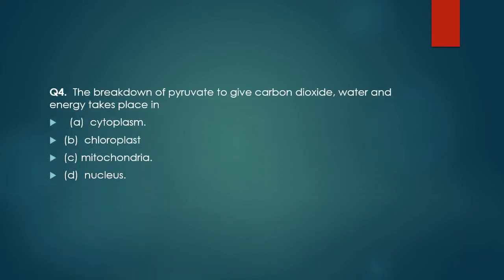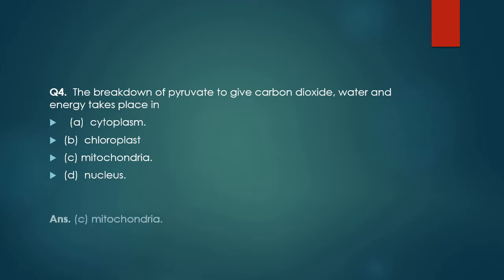The breakdown of pyruvate to give CO2, water and energy takes place. Read carefully, breakdown of pyruvate. So from glucose to pyruvate, that process is named glycolysis, and that's in the cytoplasm. Next part, the Krebs cycle, where immense energy comes from, along with carbon dioxide and water.